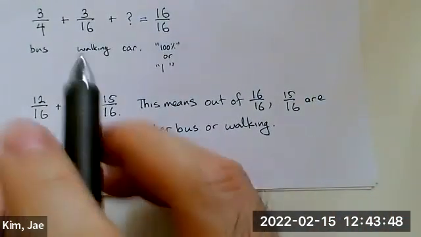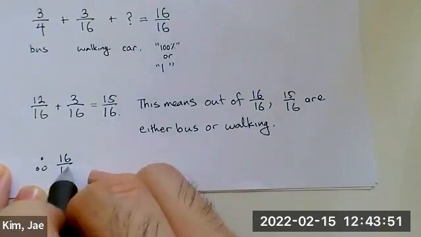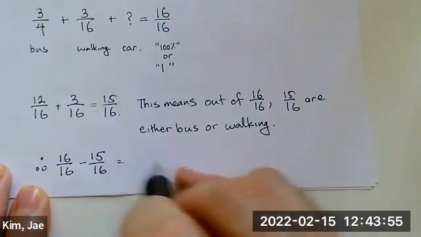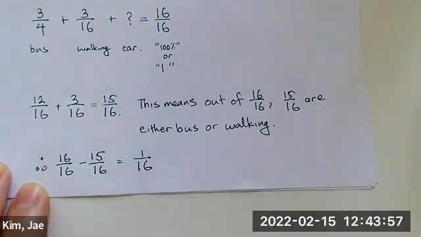Therefore, out of 16 over 16, if I take away the 15 over 16, I have this.